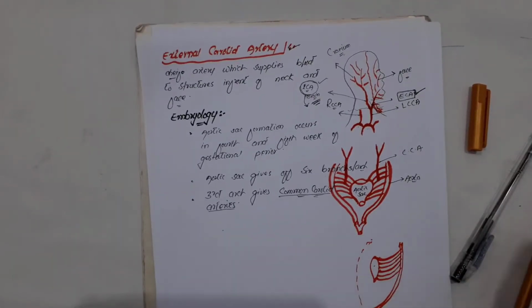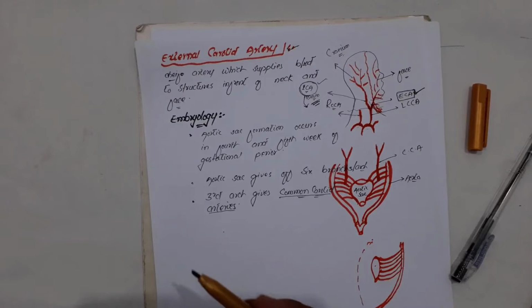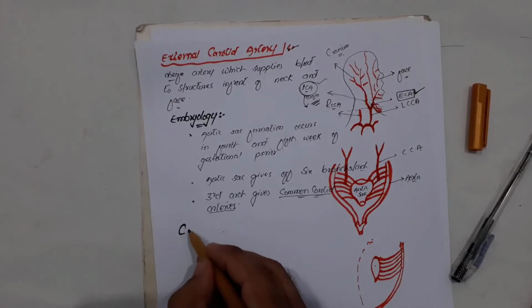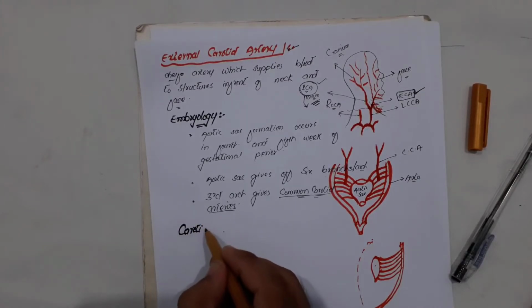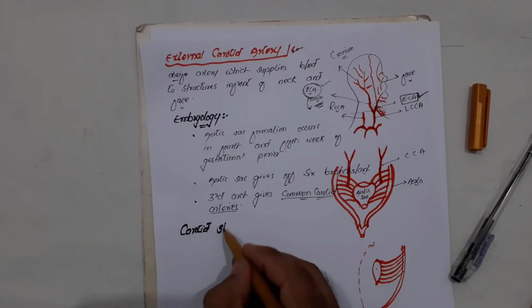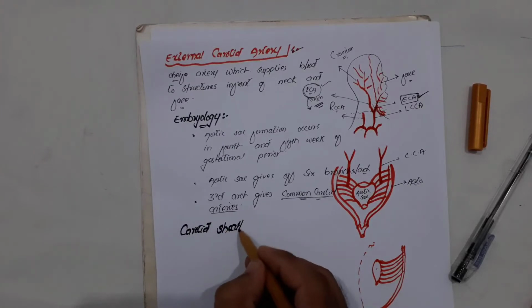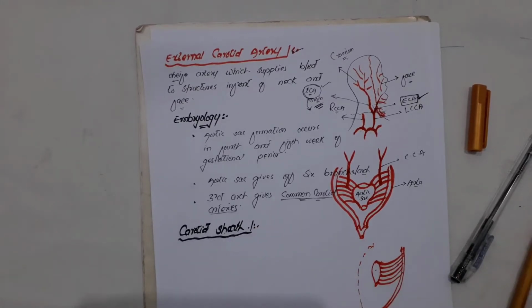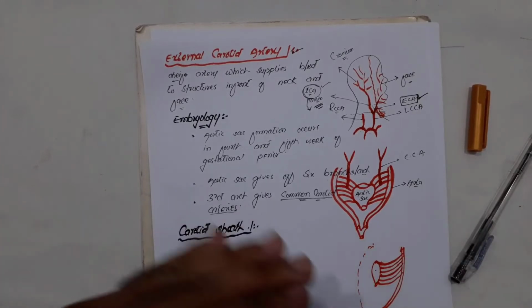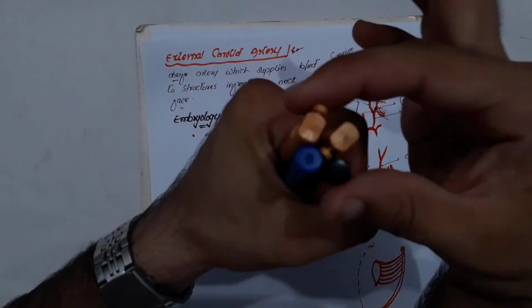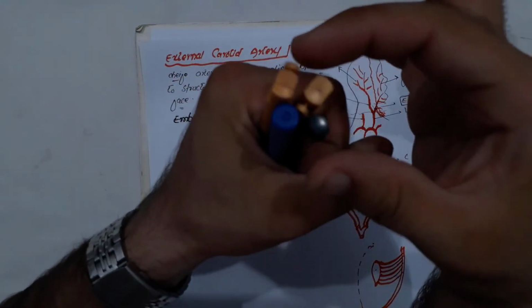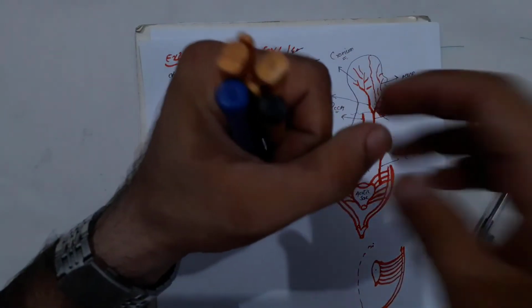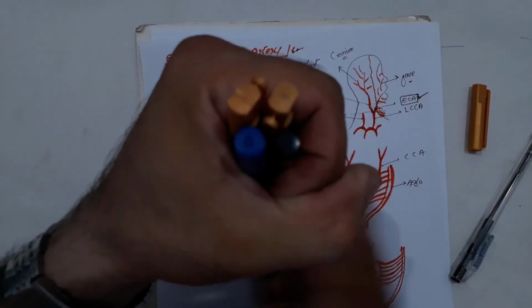Now one thing more we have to mention here: what is the carotid sheath? It is a sheath which surrounds, for example, look carefully, if I'm holding these markers in my hand, these are the main vessels of the head and neck, and around these vessels my hand is surrounded.